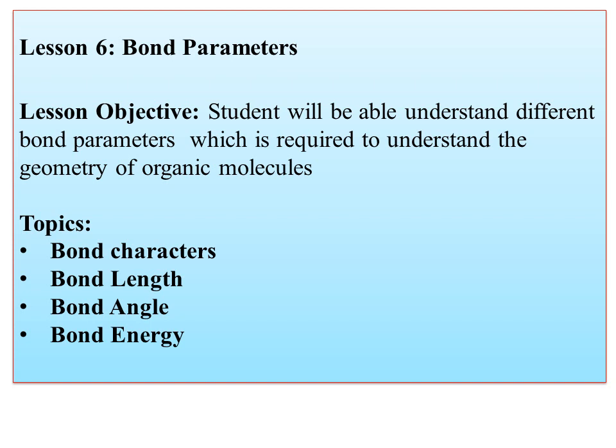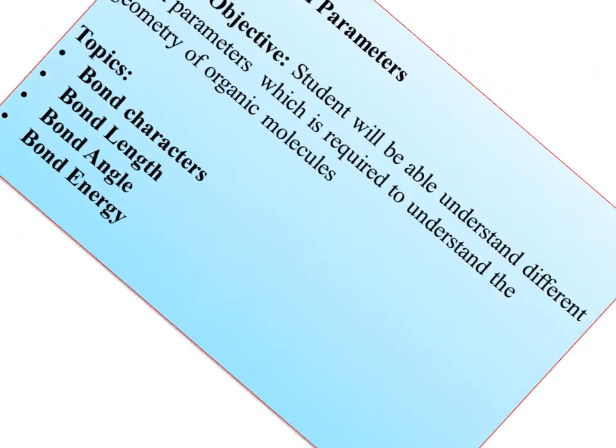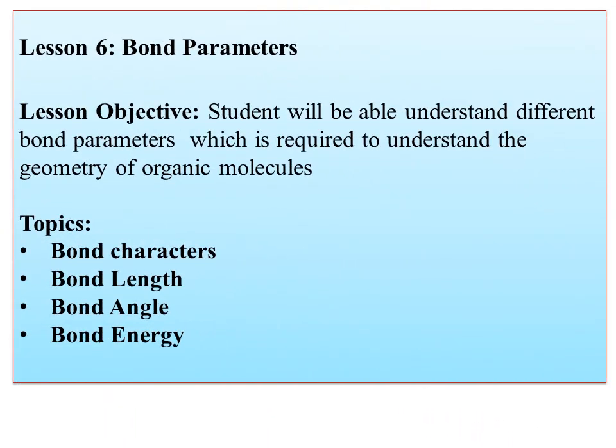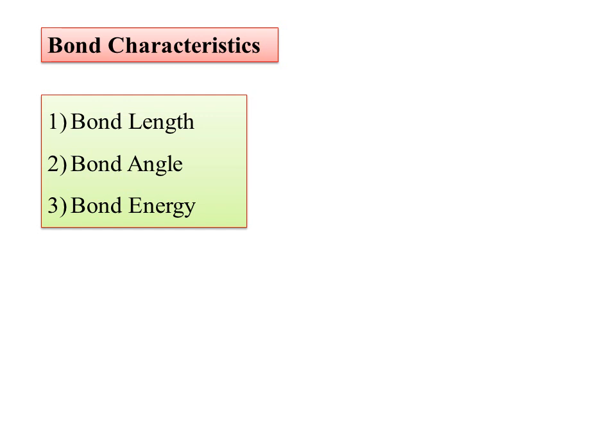The velocity or the rate of the reaction is also affected by these bond parameters: bond length, bond angle, bond energy. So these are the things to discuss in this lesson.